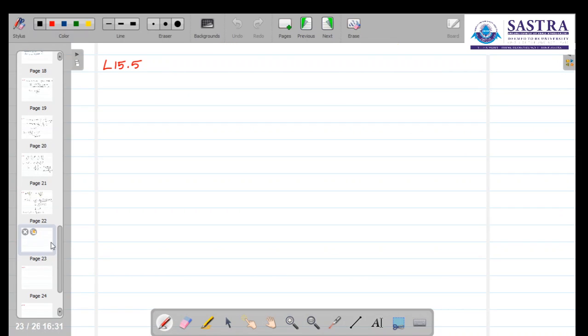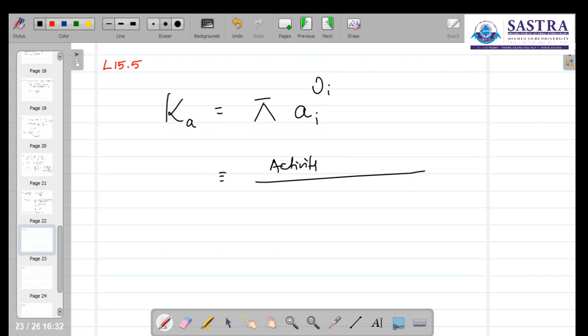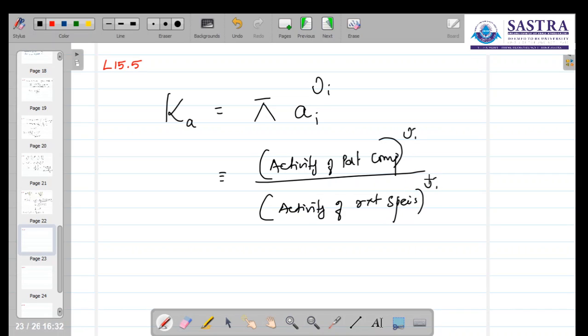So with this we will come to the end of this short video. What we saw is the equilibrium constant Ka as the product of activity of species raised to their respective stoichiometric coefficient, which means it is the cumulative product of activities of the product components, each raised to its stoichiometry, to that of the reactant components raised to their stoichiometric coefficient.